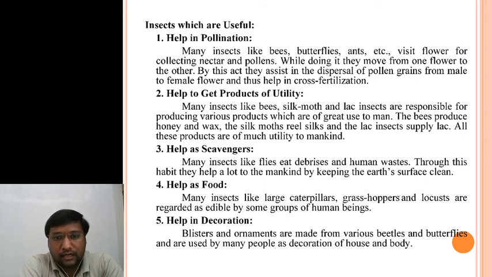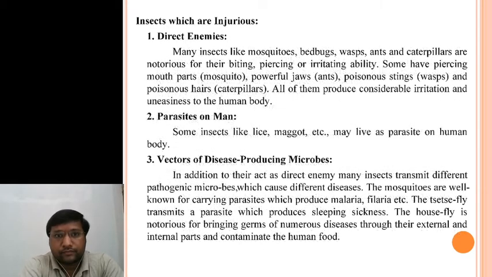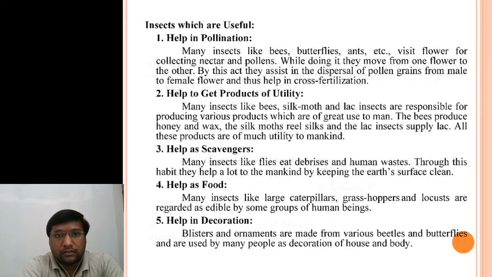Blisters and ornaments are made from various beetles and butterflies and are used by many people for decoration of house and body. So these are the importance of beneficial insects: help in pollination, help to get products, help as scavengers, help as food, help in decoration.